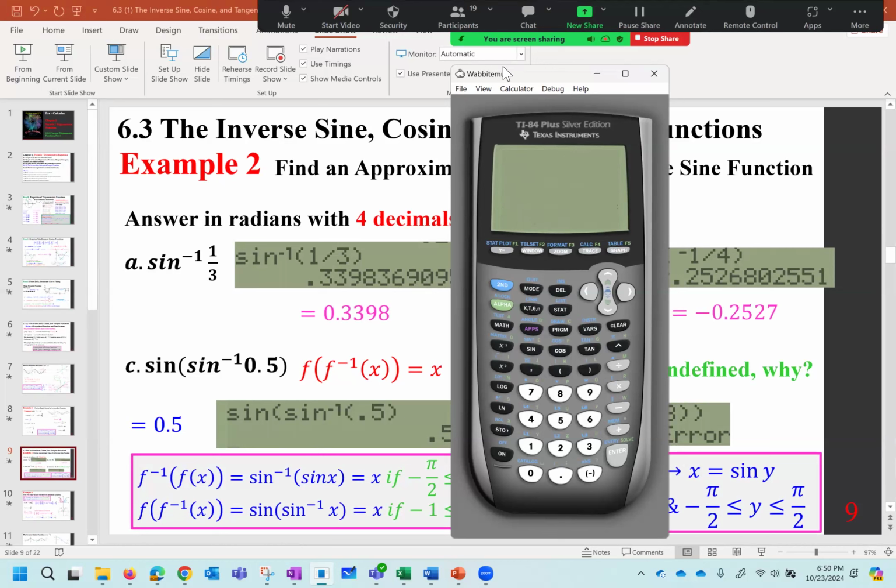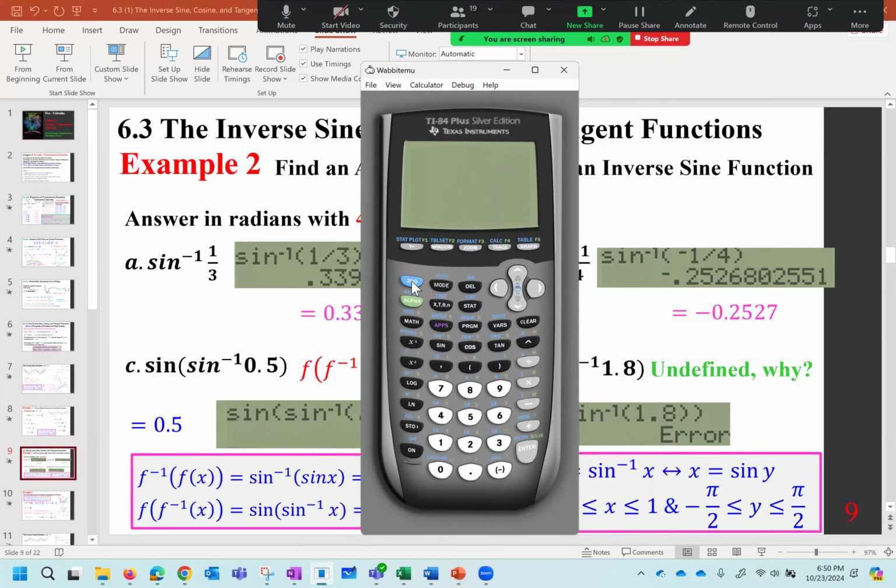Let's clear it. Second sine, that means sine inverse. We want negative 1/4, close parentheses, and we get the number that we had here. So that's how it works.